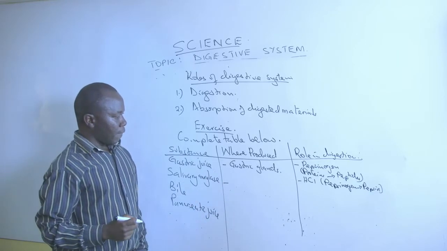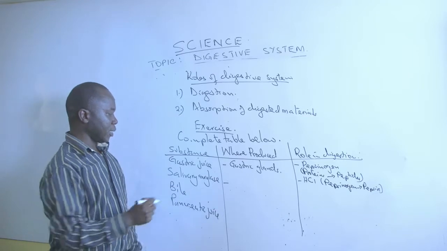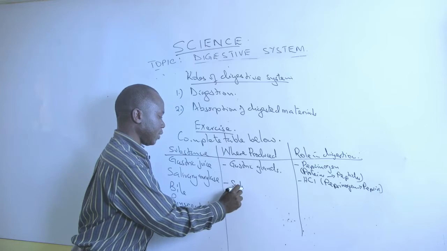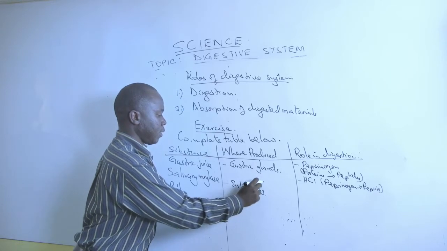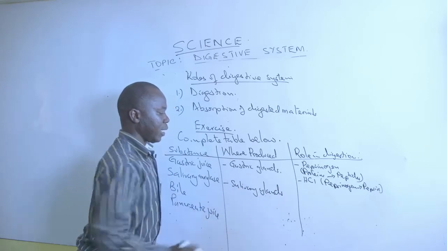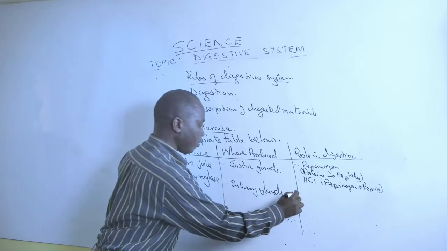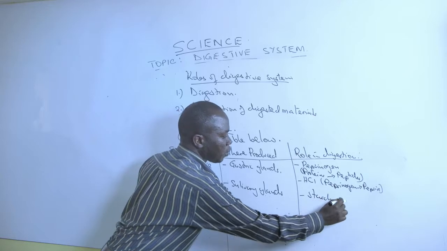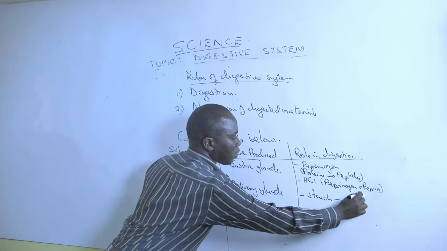Then we have salivary amylase, produced in the salivary glands. The role of salivary amylase is breakdown of starch to maltose.